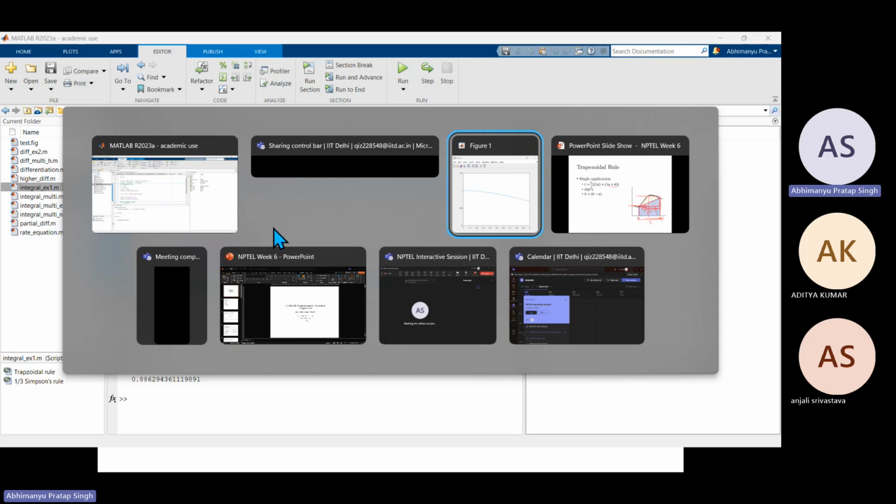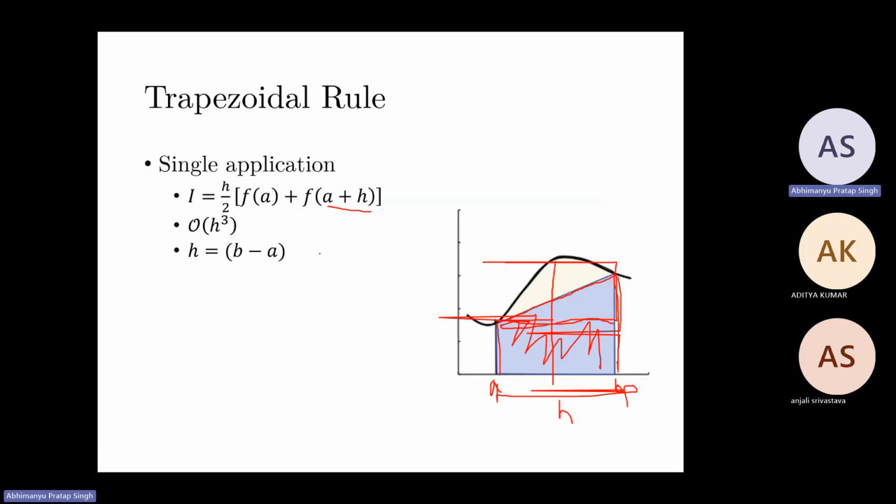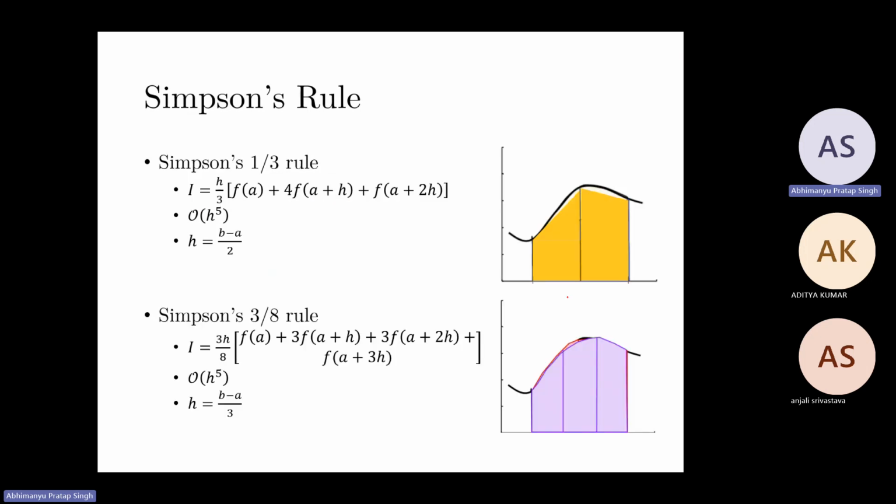fine. Now let us see the next rule, which is improvement over trapezoidal rule. So in this trapezoidal rule, we are sort of approximating this function as a linear line, like with the two endpoints, we are joining it using a line. Okay.